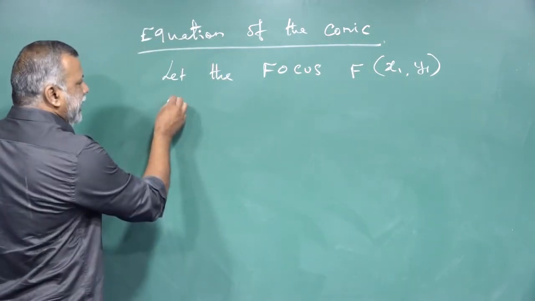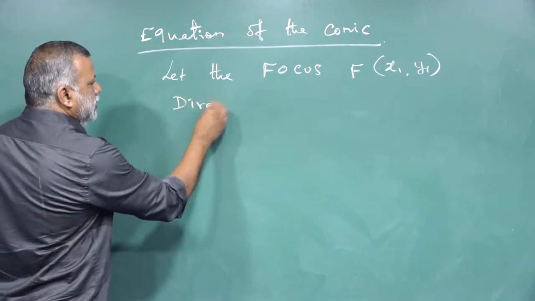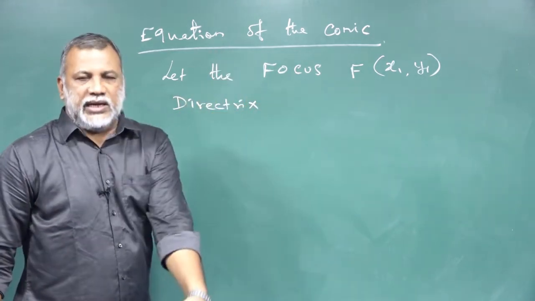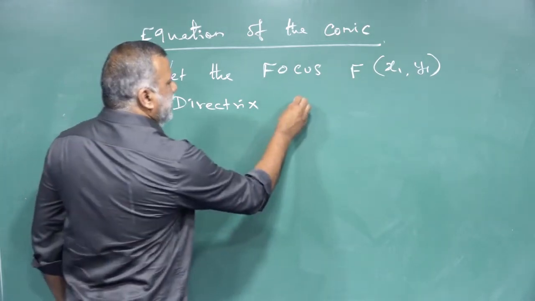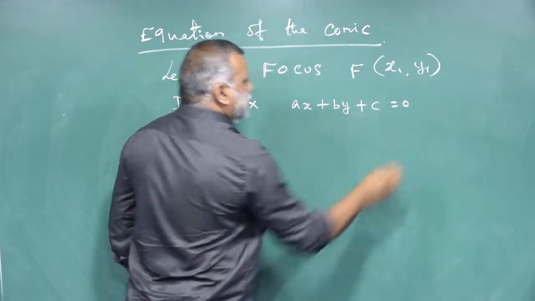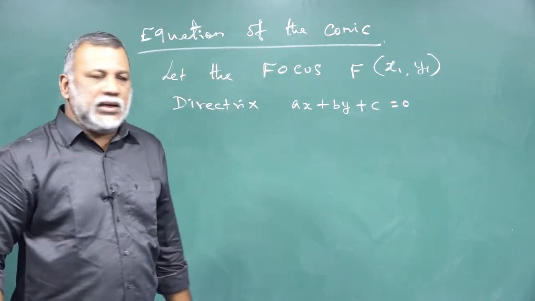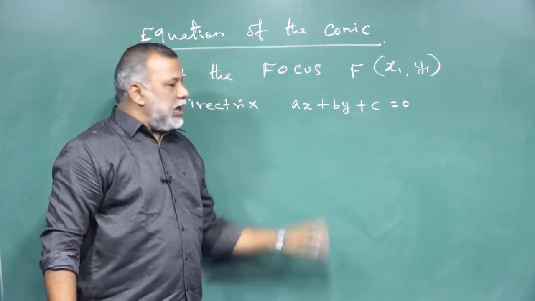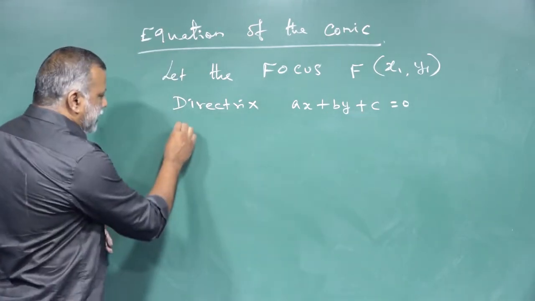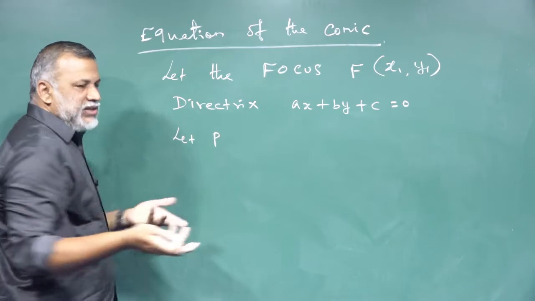And the directrix. Directrix is the equation of a straight line. It is nothing but ax plus by plus c, because directrix is a fixed straight line. That straight line is represented by ax plus by plus c equal to 0. Now let P always be a moving point.